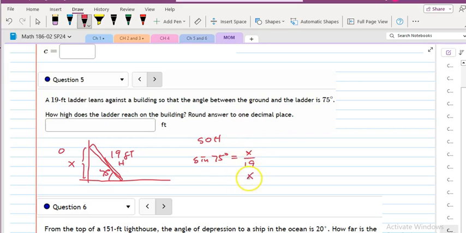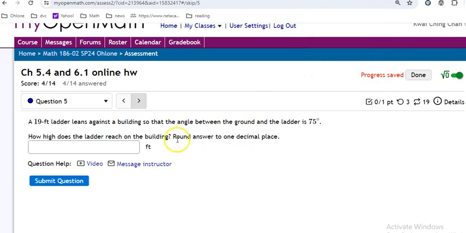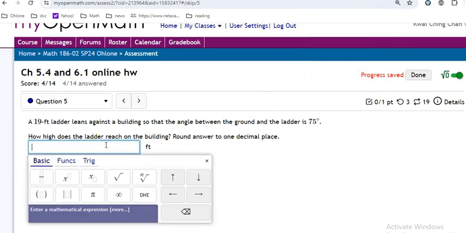So to solve for X, X is equal to 19 times sine 75. One decimal place. 19 times sine 75. 18.4.